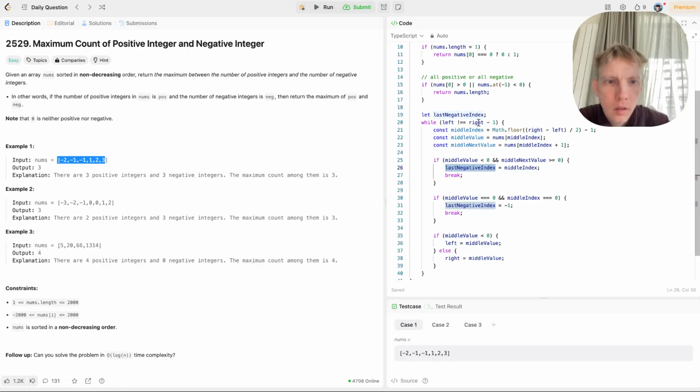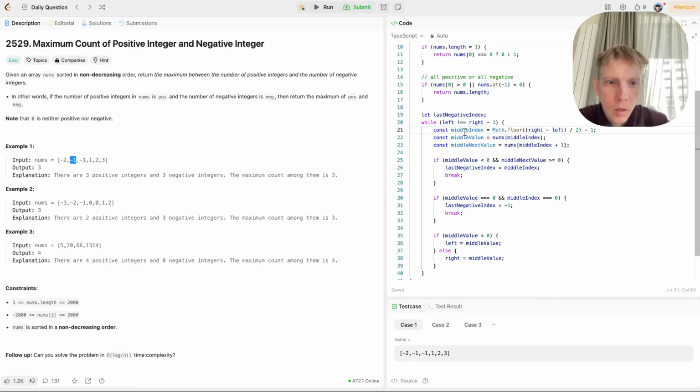Here, 5, 0 is not equal to 4. Middle index would be 5 minus 0 divided by 2, which is 2.5. My floor 2 minus 1, index would be 1. This number.